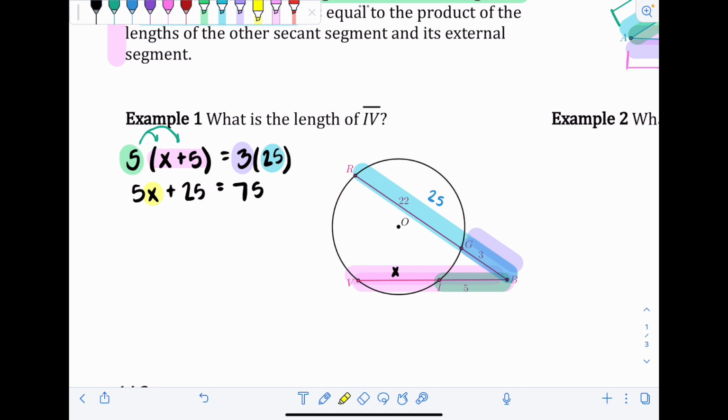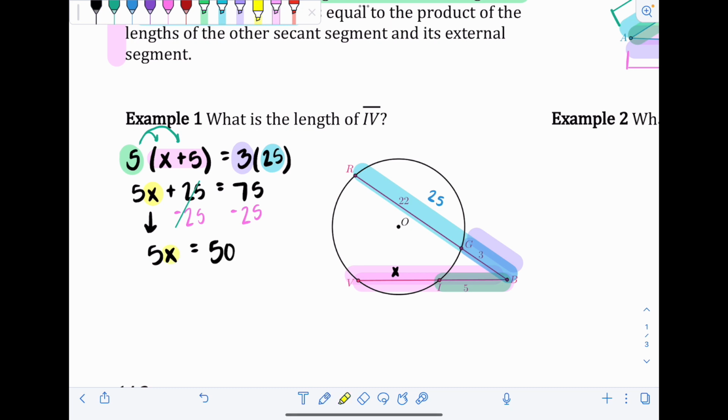I'll need to cancel out that 25 that's being added to it, so I would subtract 25 from both sides. Bring down my 5X, 25 minus 25 cancels out. 75 minus 25 is going to be 50.